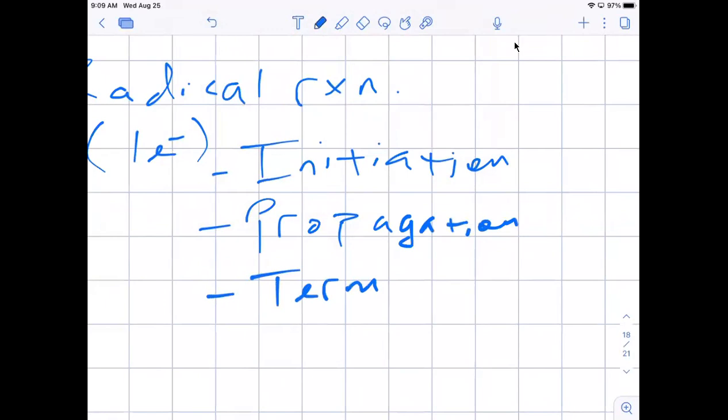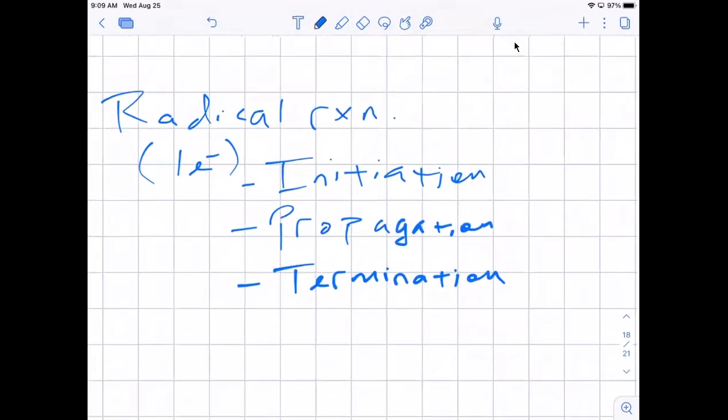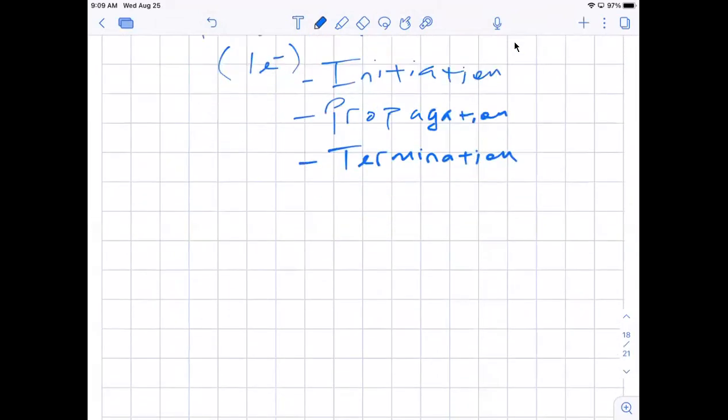How many of you remember that? From part 1? Yeah, I remember it. All right. So initiation, propagation, termination. Those are the 3 steps in any radical mechanism.